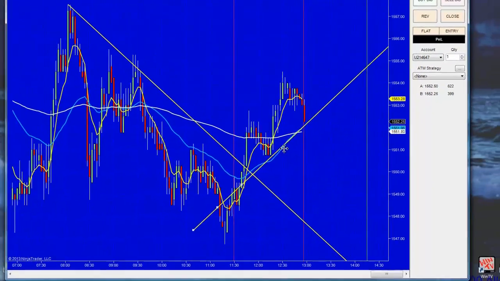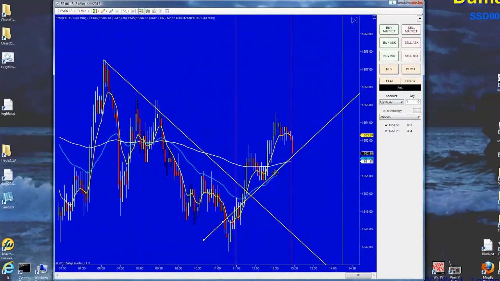If I move it and line it up with the speed of the 1110 blue line, or actually that's the 36 bar on a 3-minute, you see that exponential moving average is moving at about that rate. So just looking at that rate, maybe by the close there might be a 2 or 3 point range if we continued up along this trend line.